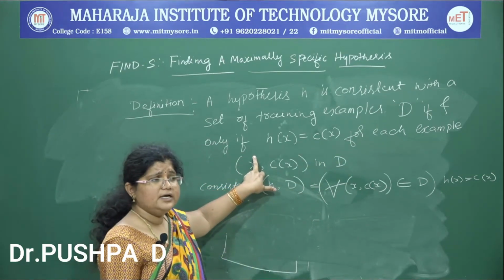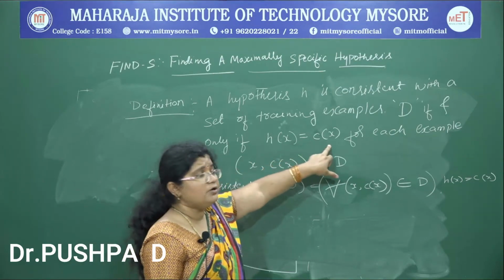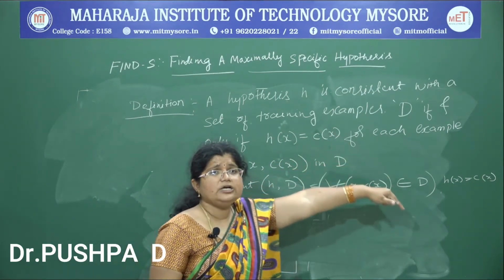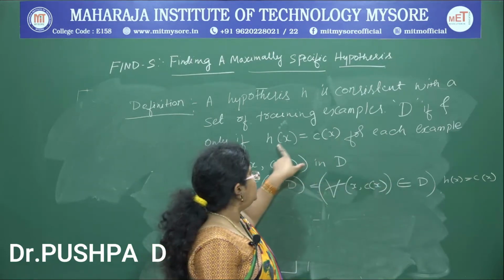If and only if, when is it going to be consistent? When h of x is equal to c of x. The target concept must be equal to h of x.